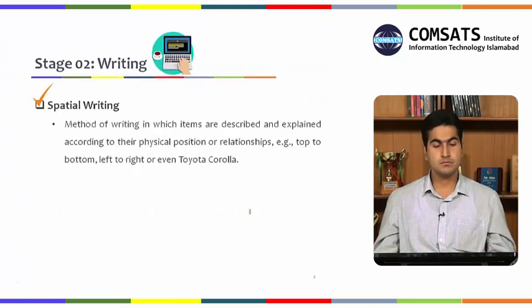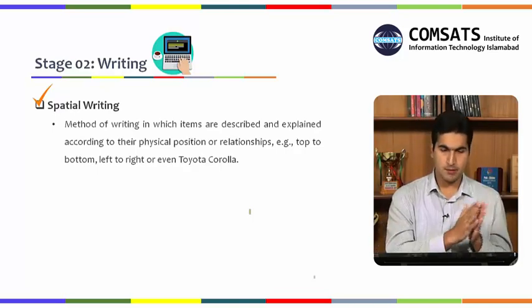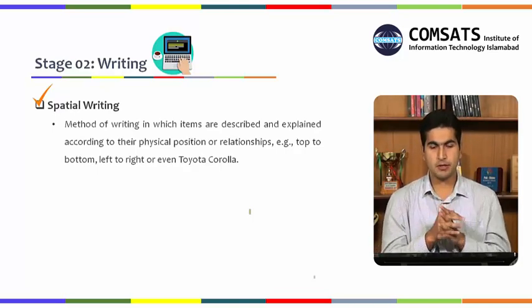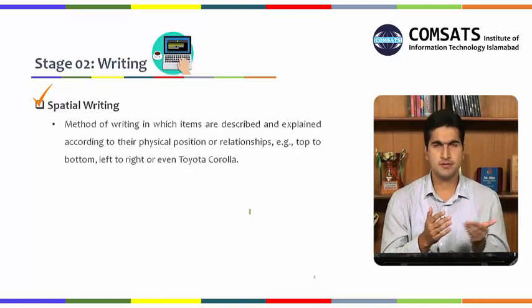You move ahead and we get the spatial form of writing. Spatial basically refers to a method of writing in which items are described and explained according to their physical position and their relationship to other things.